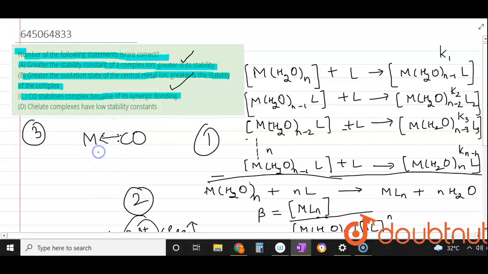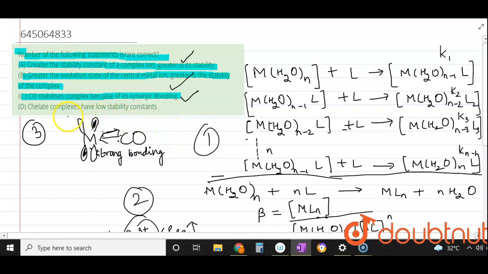So the bonding becomes strong. Here the back bonding also takes place, because if the metal atom has electrons in its d orbitals, they also tend to form a back bond with CO. That's why CO stabilizes the complex because of its synergic bonding.